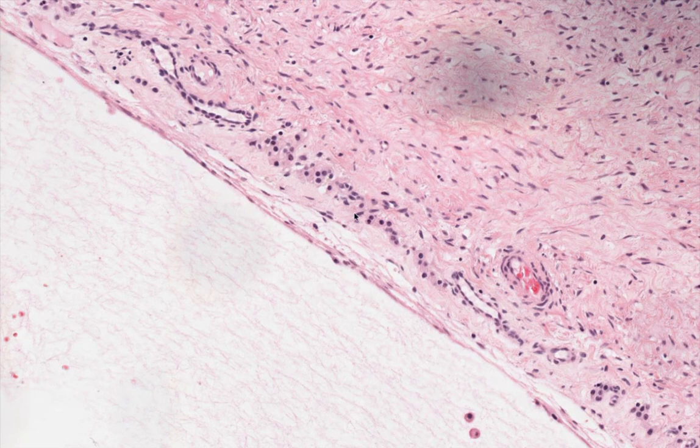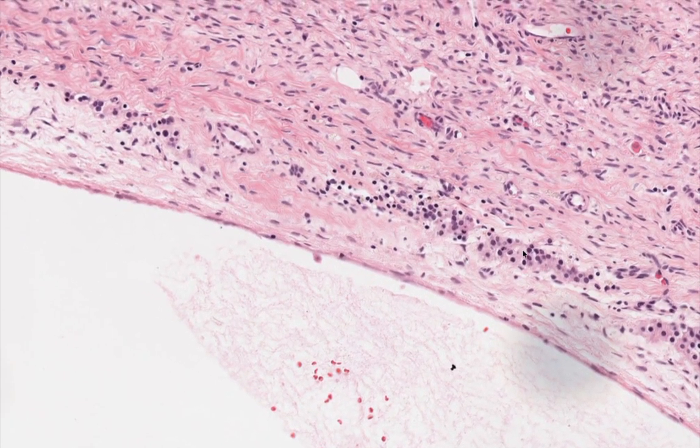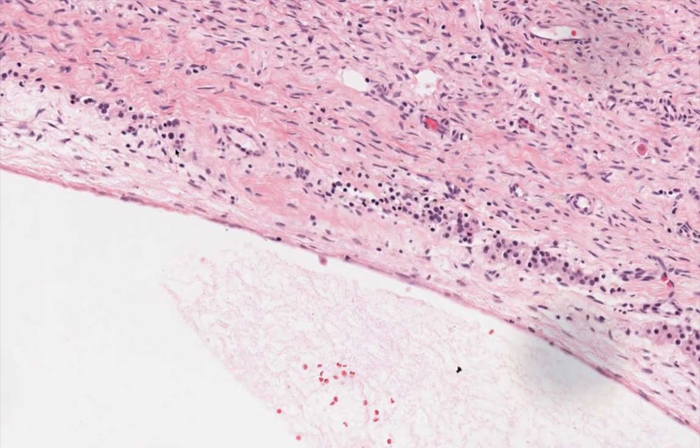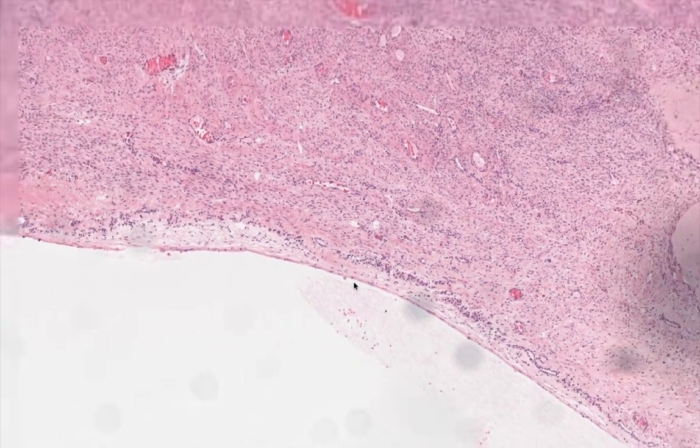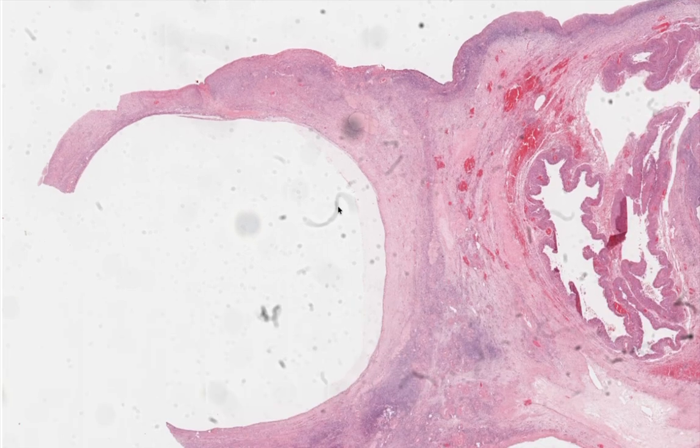It's because it's got this residual layer of thecal cells subtly placed here in the wall. So this has either been a corpus luteum or a follicle which has become cystic, actually probably a cystic corpus luteum that is now persisting.